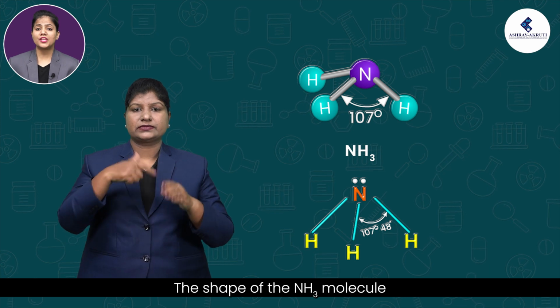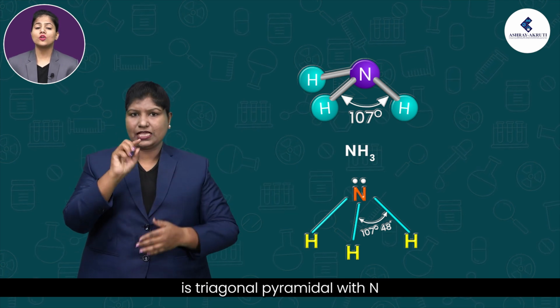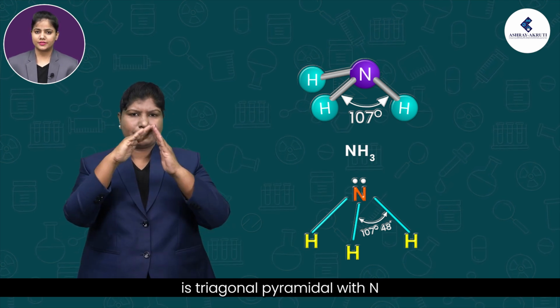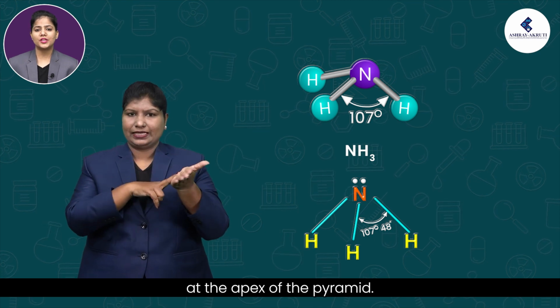The shape of the NH3 molecule is trigonal pyramidal with N at the apex of the pyramid.